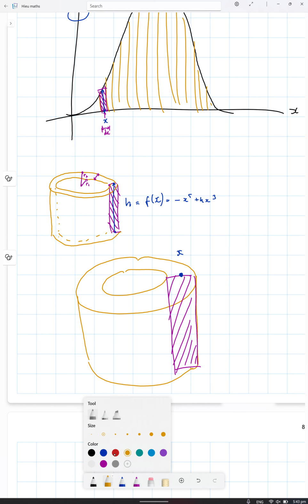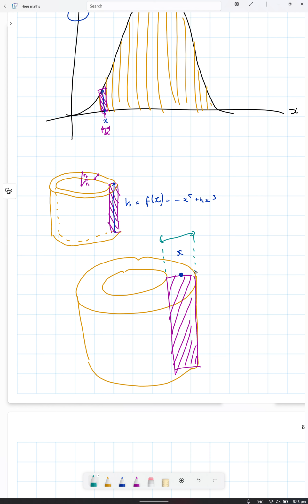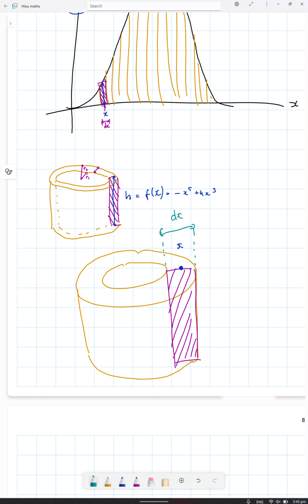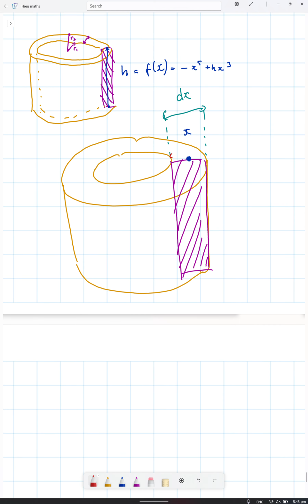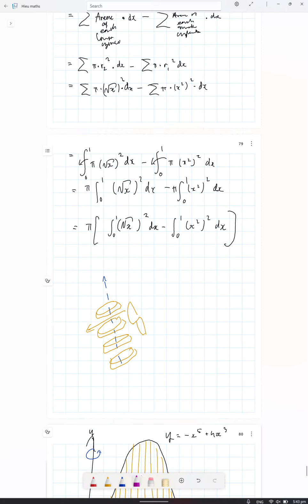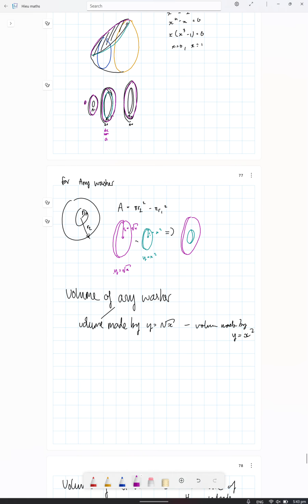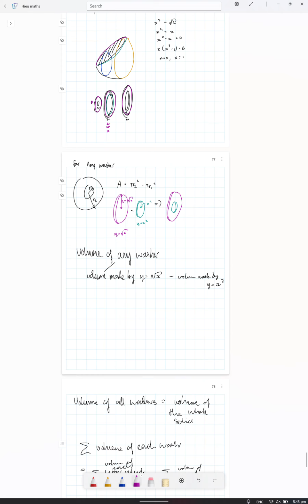Remember that the length of this here is worth dx. I'm running out of colors here, let's use red. We need, basically, for the equation to work, R1 and R2.